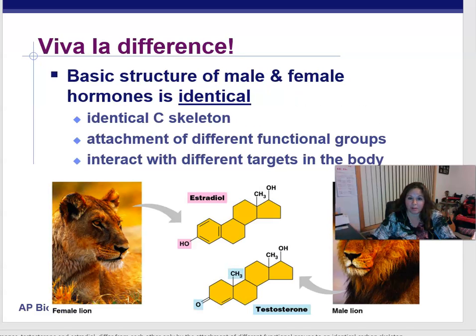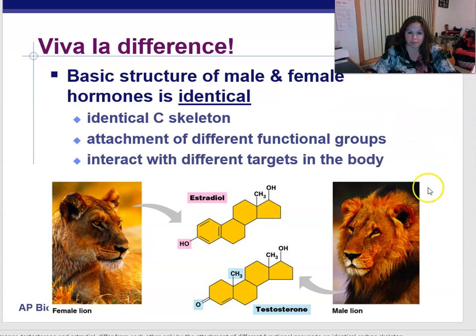Here's another example with hormones, estrogen and testosterone. Notice how they have a very similar structure. So when carbon forms rings, we just draw them like this, and we think at each point then there's a carbon there, and we don't even bother drawing the hydrogens or the other atoms that are in there.